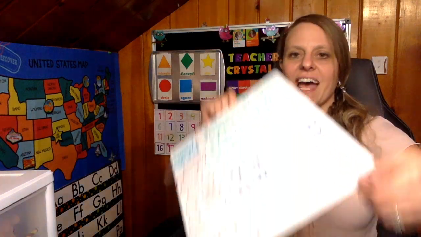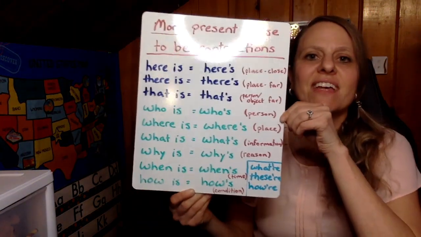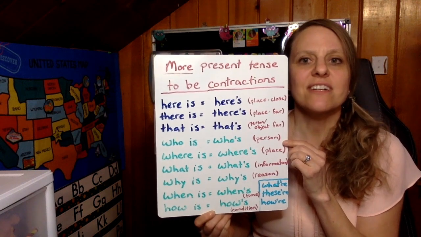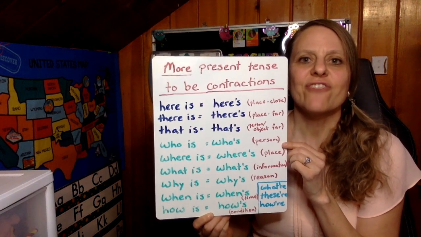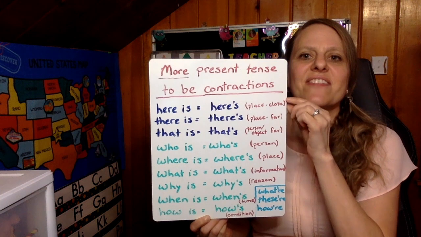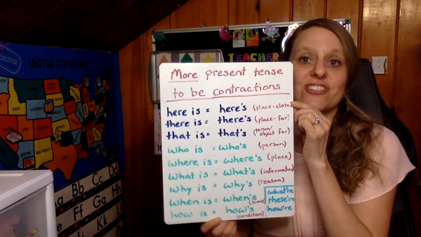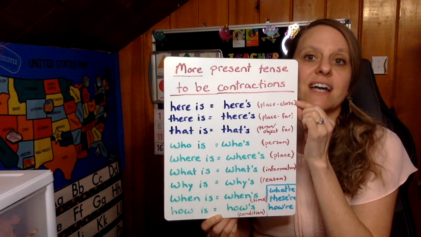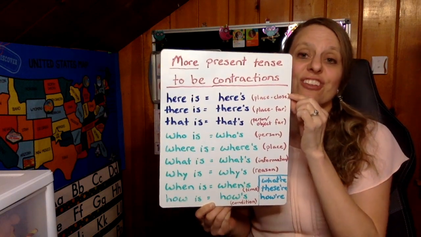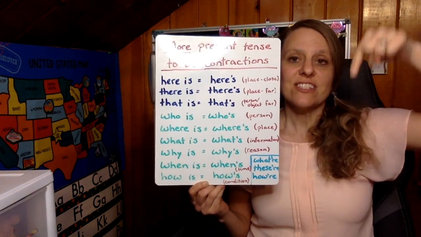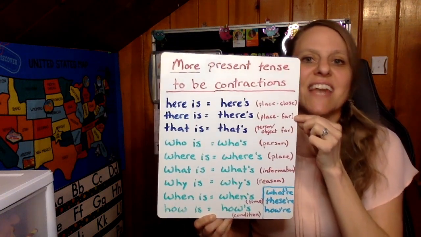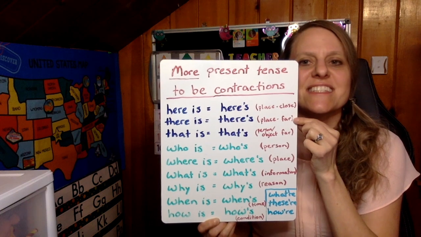So let's begin by looking at the list. This list shows the contractions that we're going to talk about today. The first one is here is. The contraction here's. It talks about a place that is close. Here's my desk. The next one is there is.